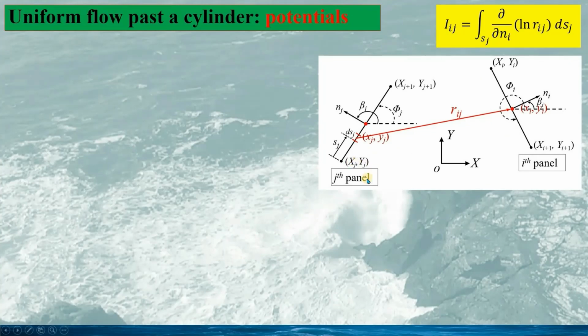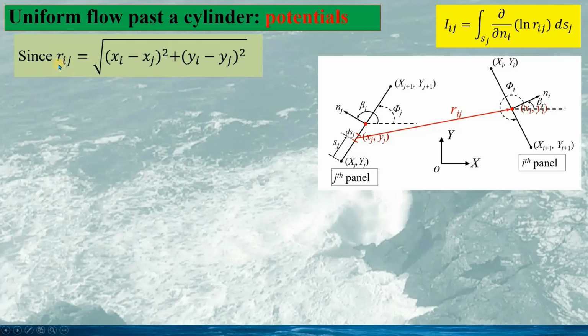Now we look at the 2 panels. The j-th panel, this is the source panel, and the i-th panel, this is the field panel. And we are interested in the control point at the center of the i-th panel. The coordinates are xi, yi. So once the panel is decided by the coordinates xi, yi and xi plus 1, yi plus 1, the control point would be decided too.